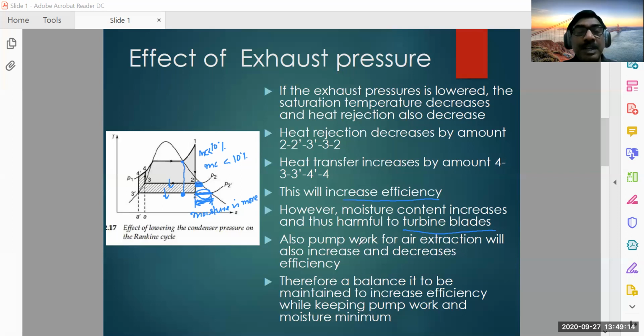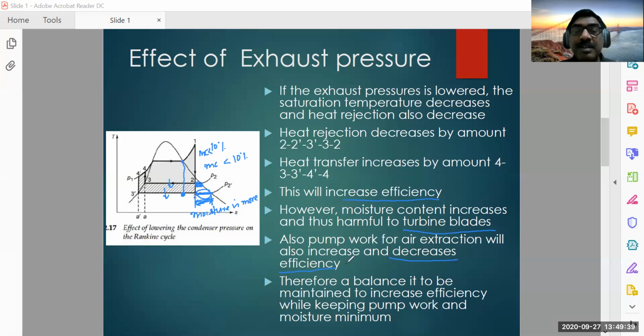So if you decrease the condenser pressure, more air may go inside, and you have to do more work for removing the air and maintaining the condenser pressure properly.